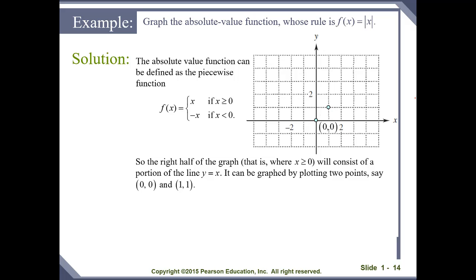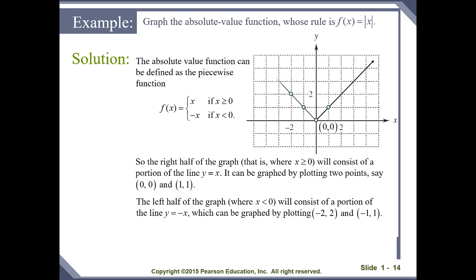So the right half of the graph, where x is greater than or equal to 0, will consist of a portion of the line y equals x. And the left half of the graph, where x is less than 0, will consist of the portion of the line y equals -x, which we could graph by plotting any 2 points on that line.